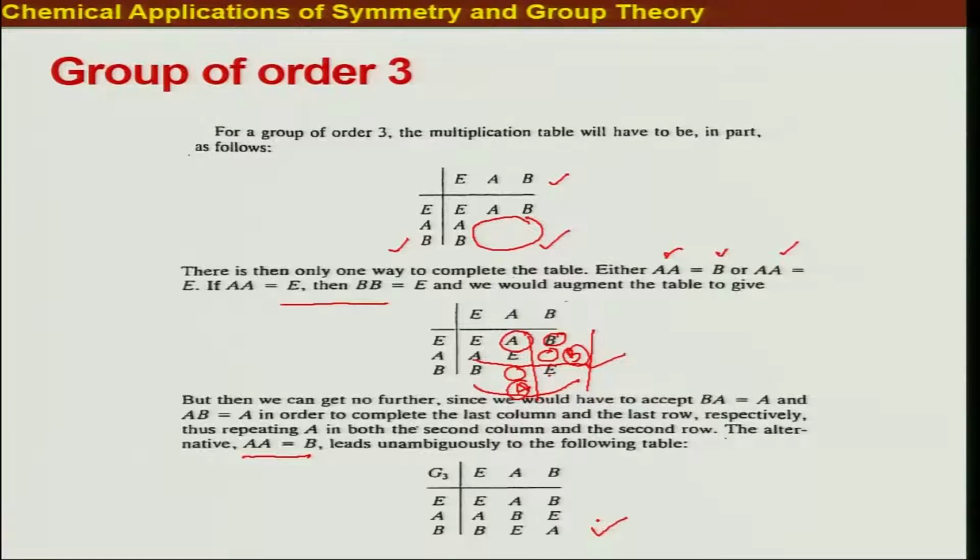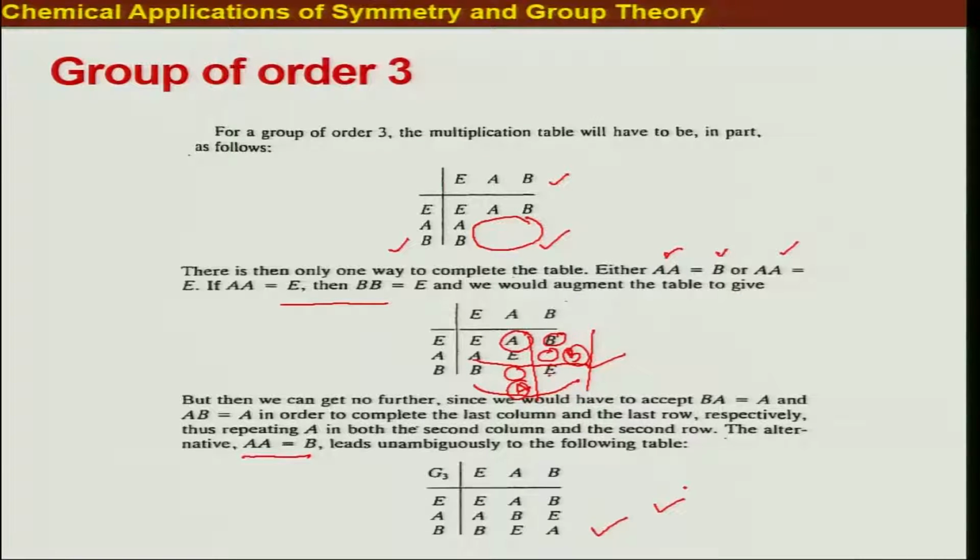Now here, if you look at this particular multiplication table, you will see no two rows or no two columns are identical. Okay, that's for sure. And in a single column or single row, no two elements are repeated. So this exactly follows the notion of a group multiplication table.